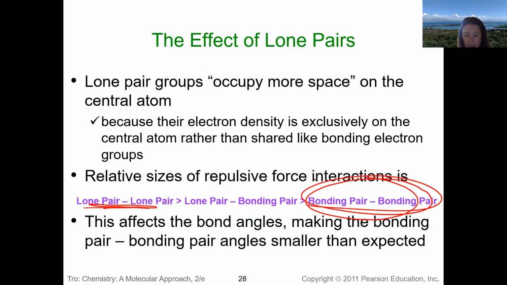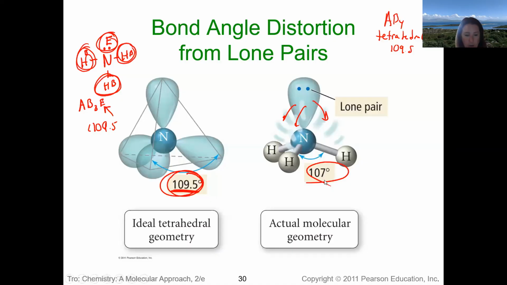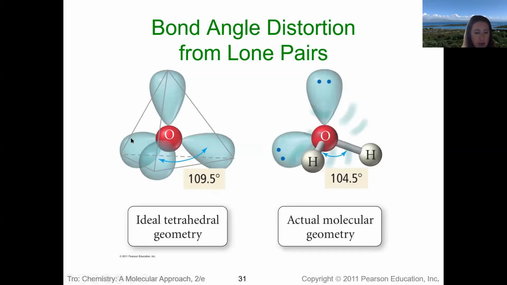Let's look at another one. So remember, if there's all atoms, we said it was 109.5. If we have one electron pair here, we said it's less than 109.5. Let's look at this one. So here's water, the Lewis structure for water.